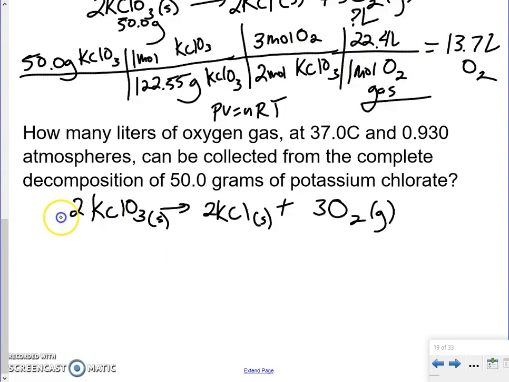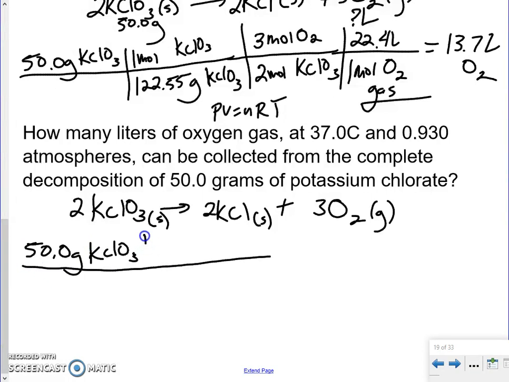So what do we do? Well, thankfully, our numbers are going to work out nicely because they're the same ones from above, so 50 grams of potassium chlorate, which we know the molar mass from above is 122.55 grams KClO3 per 1 mole of KClO3.